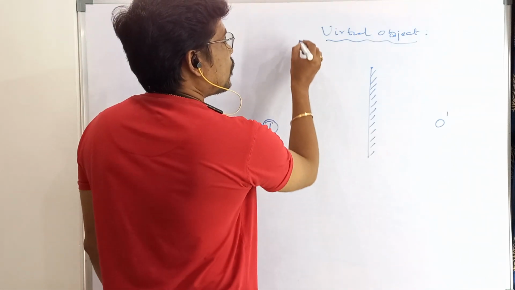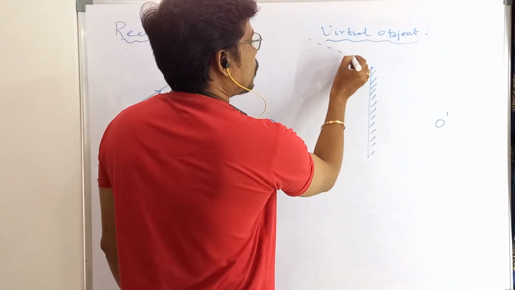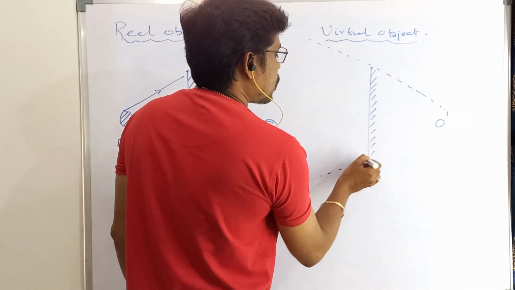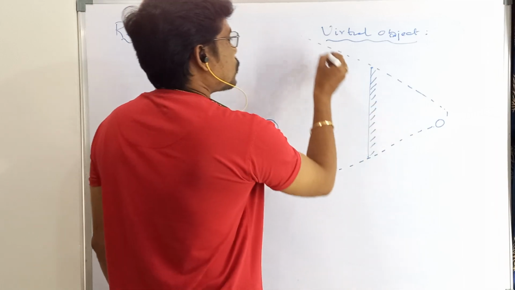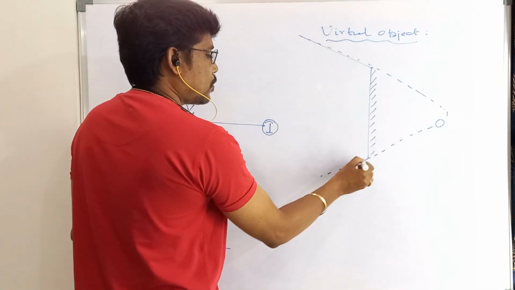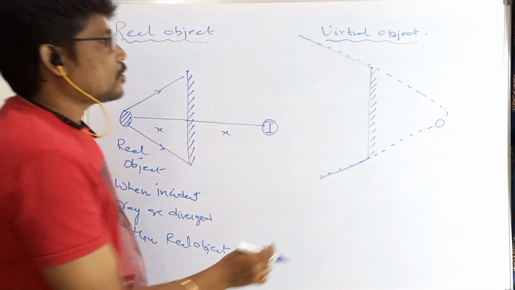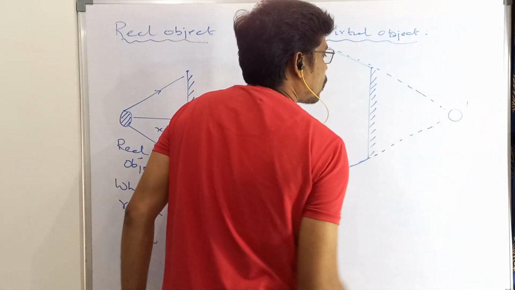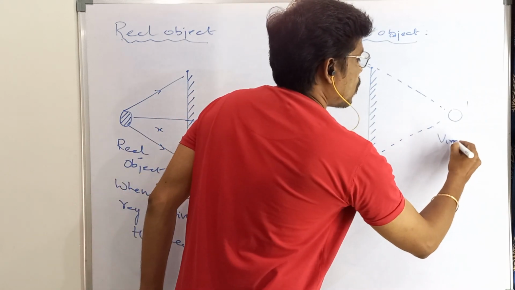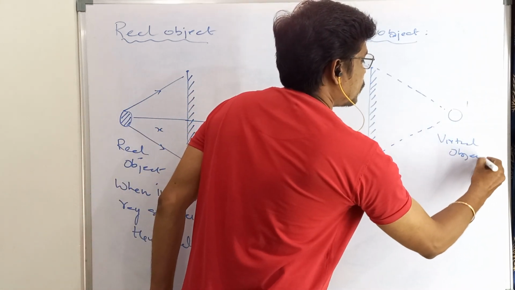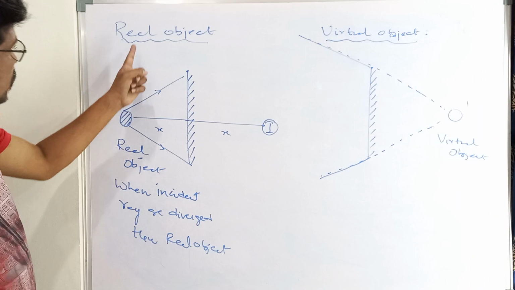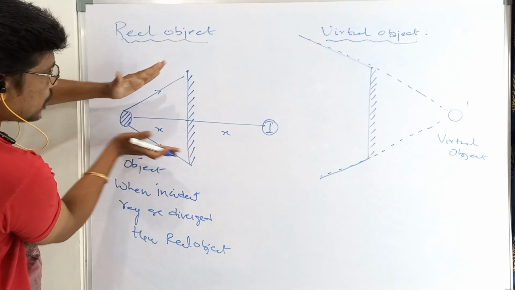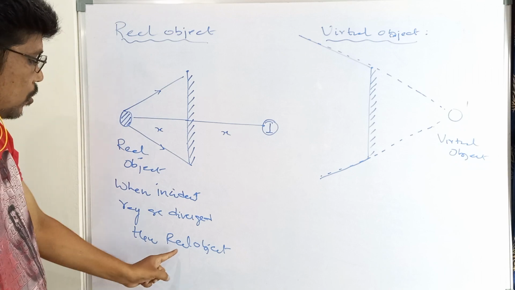Here the rays are converging. If you observe here, the rays are converging at this point. This is a virtual object. So what is a real object? When the incident rays are diverging, it is called a real object.